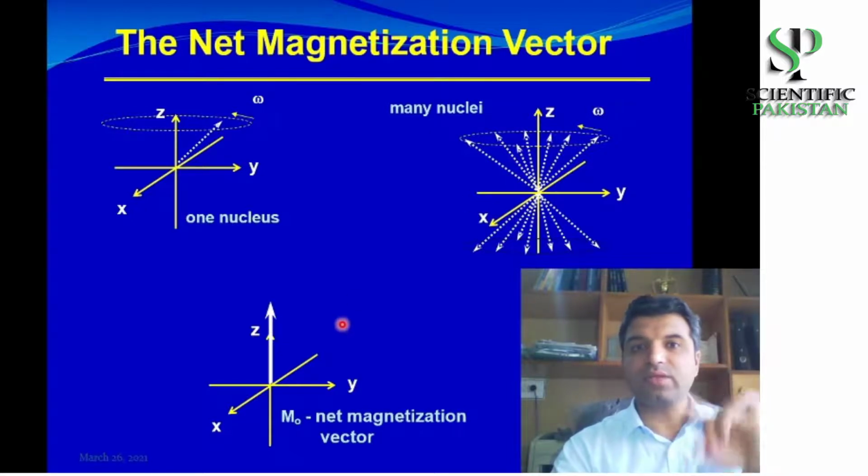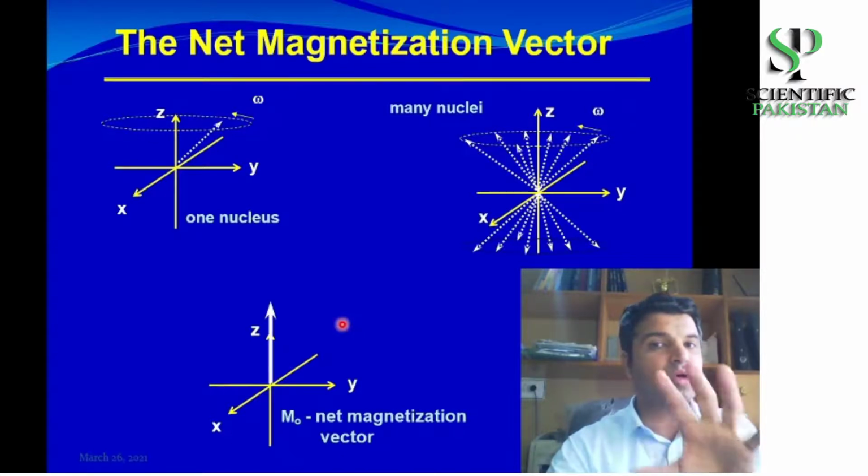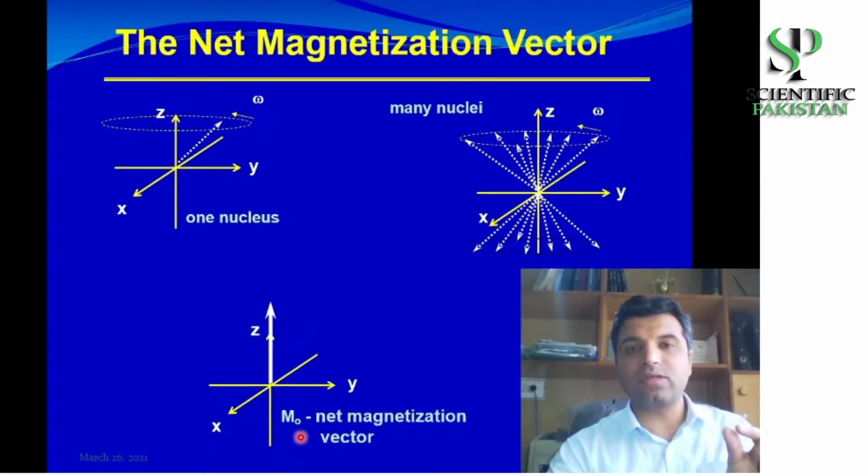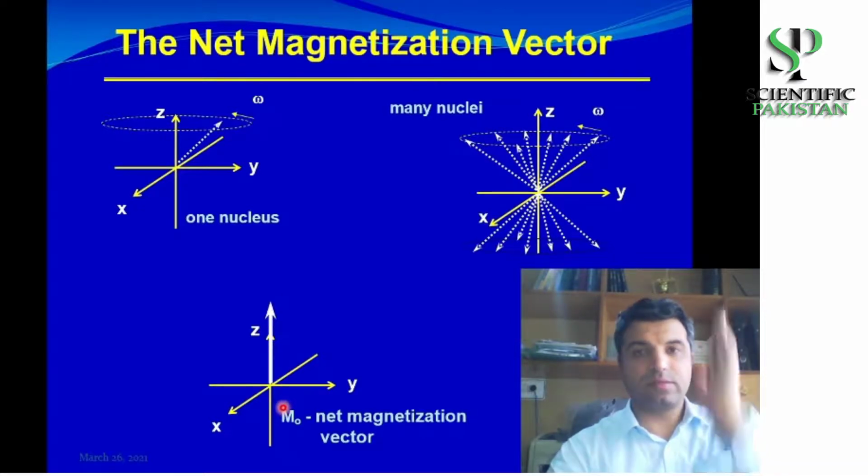So the z-axis is the equilibrium position for M naught. M naught is actually a representation for the excess nuclei. So when no external energy is applied to M naught, it will always be pointing up in the z-axis.